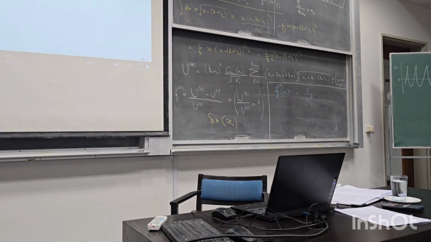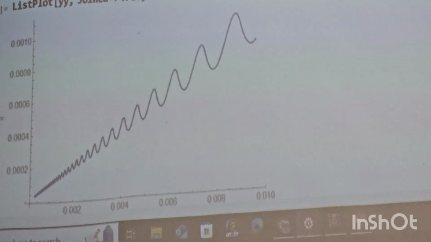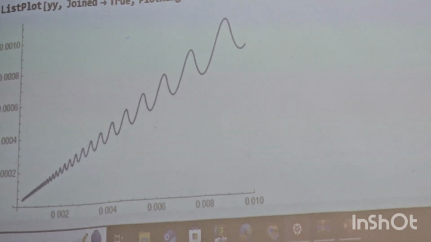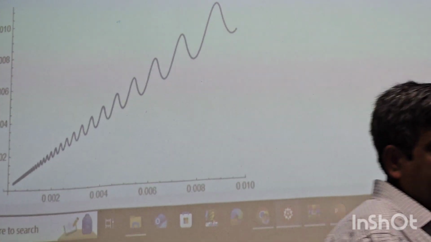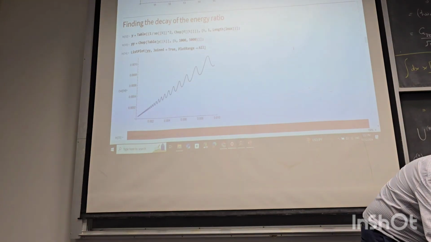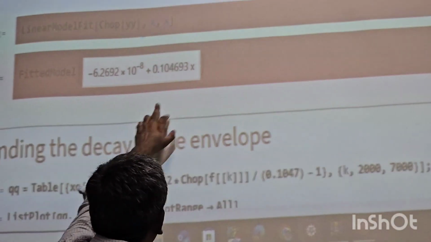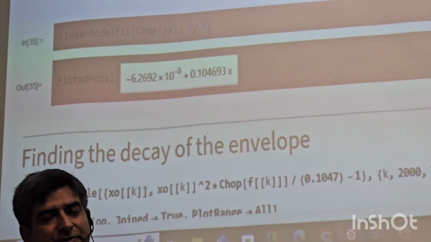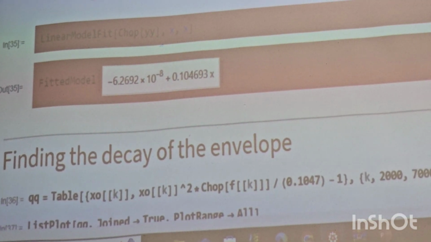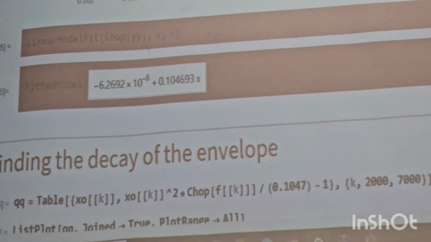How do I find alpha? I fit this function to a linear model, and I get this alpha, which is 0.104. So you get a good estimate of alpha.